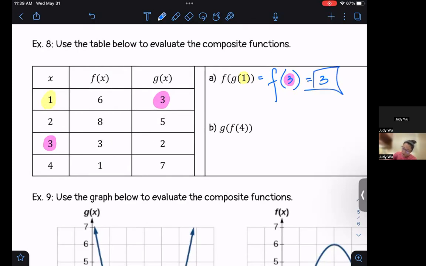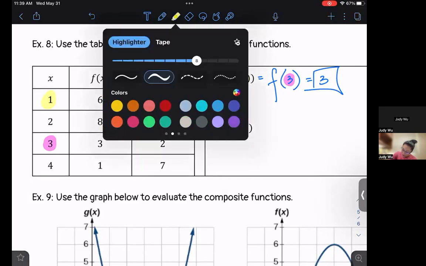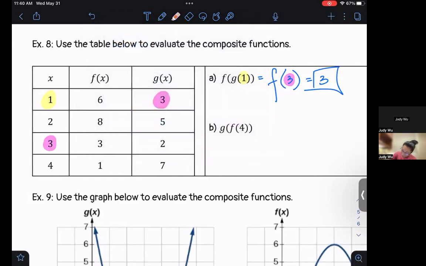All right, let's try one in a different order. This time, we're going to try f of 4. I'm going to go to 4 in the f column, and I know f of 4 is 1. So really, I'm looking for g of 1. Well, looks like we've used this one already.